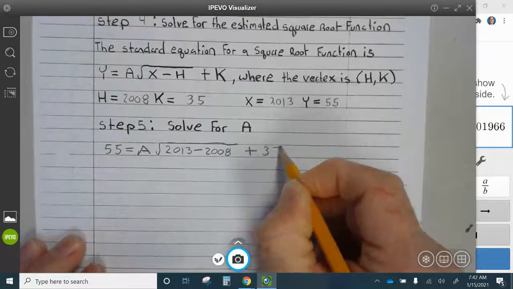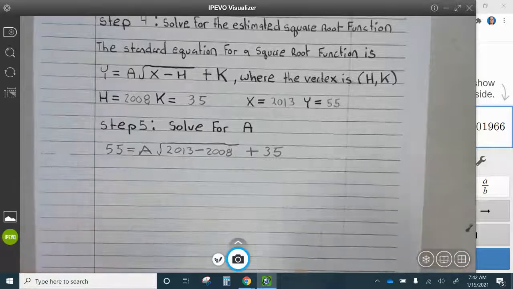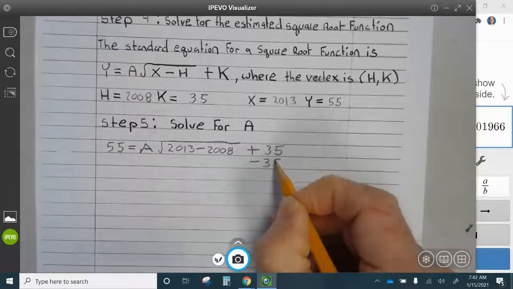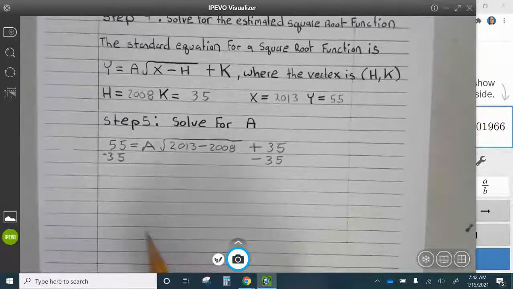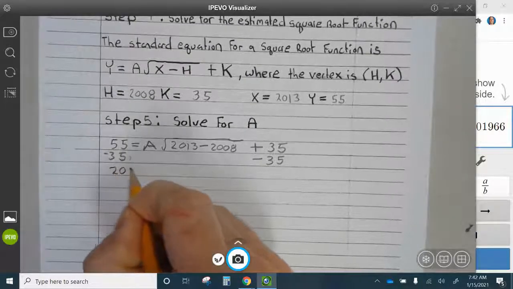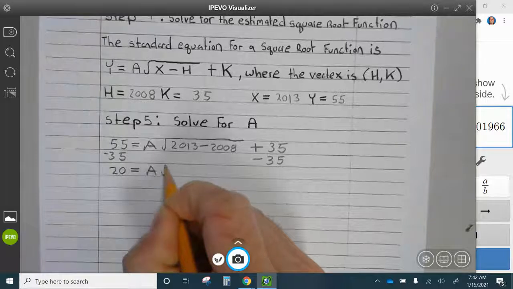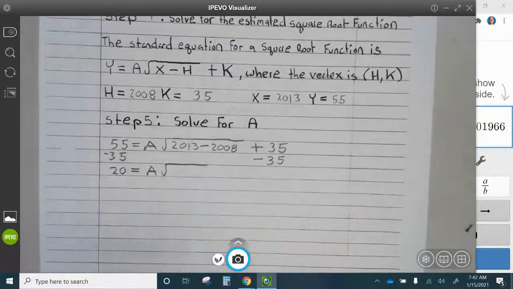So in this case, let's go ahead and subtract the 35 first from both sides. So 55 minus 35 is 20 equals a times the square root of 2013 minus 2008.